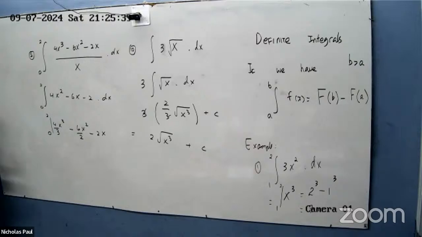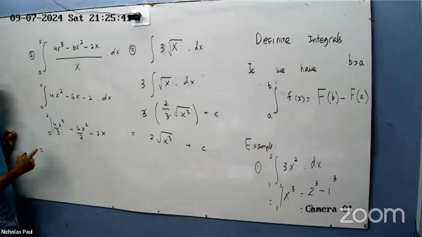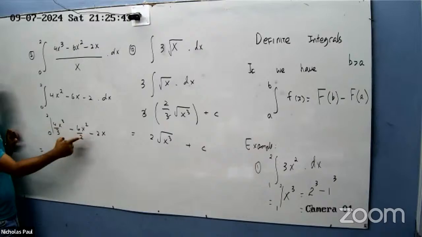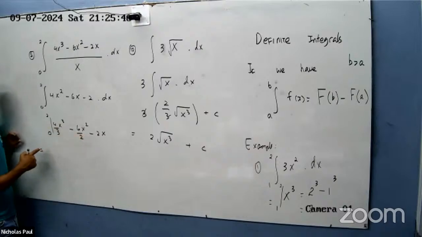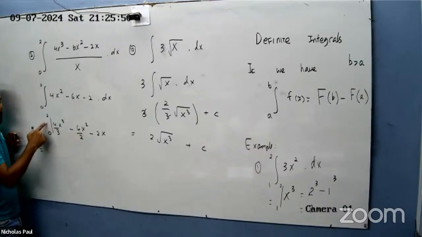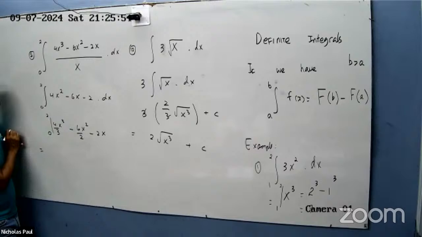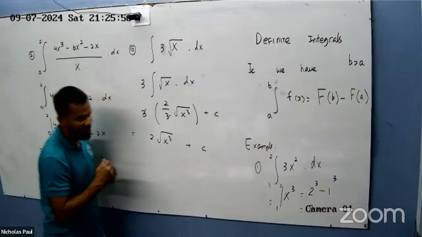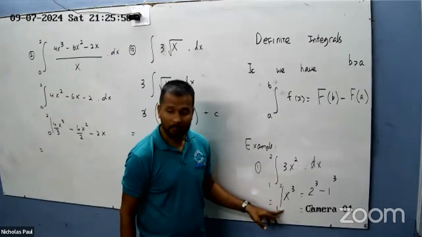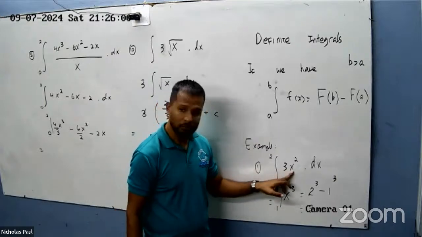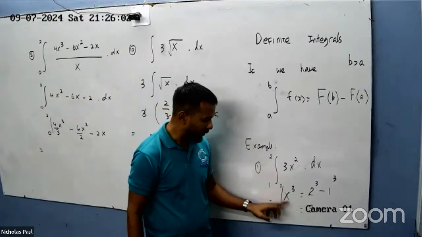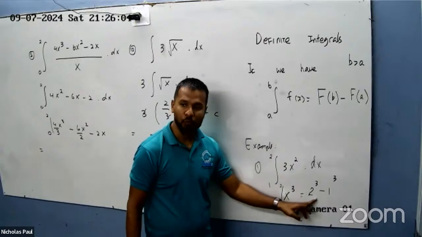That's okay? So now, what am I going to do now? After I integrate, what to do now? Chris, what to do now? After you integrate and you have these values, what are you supposed to do? What I did here, I plug in 2 here, and I plug in 1.